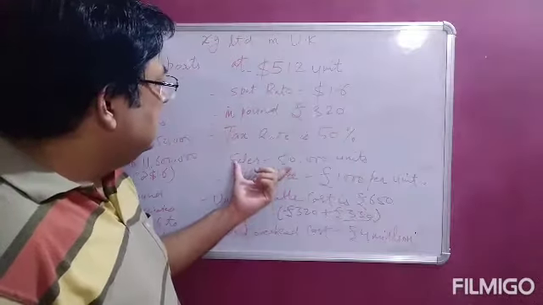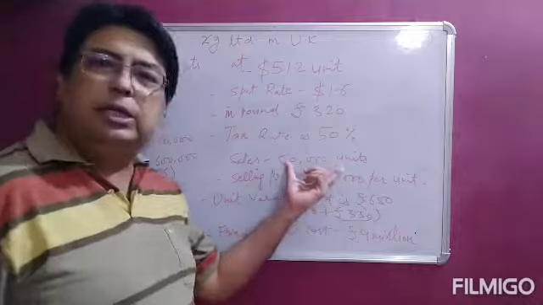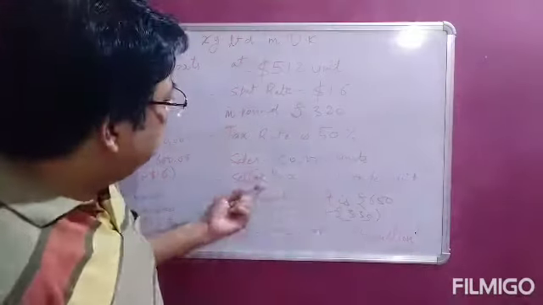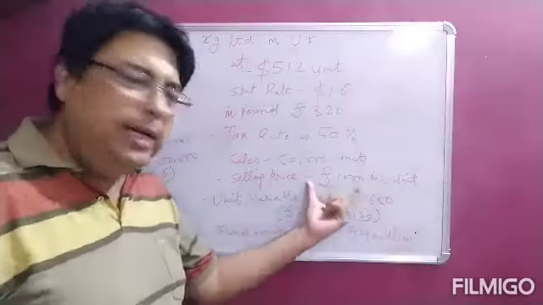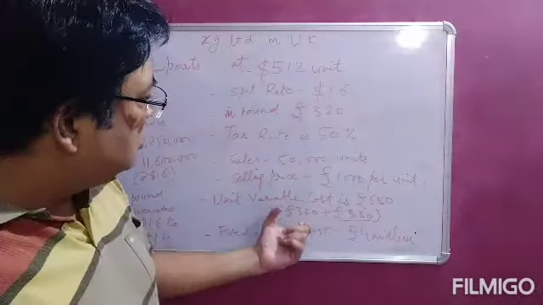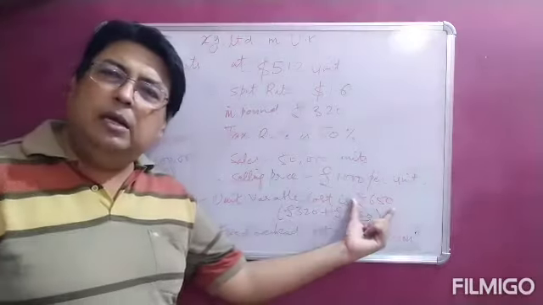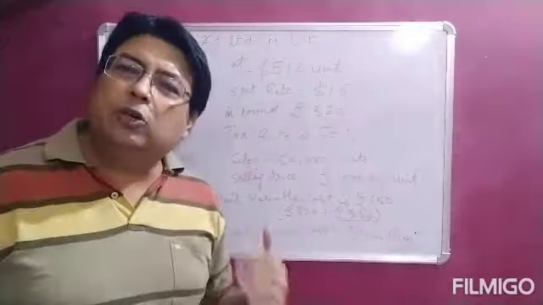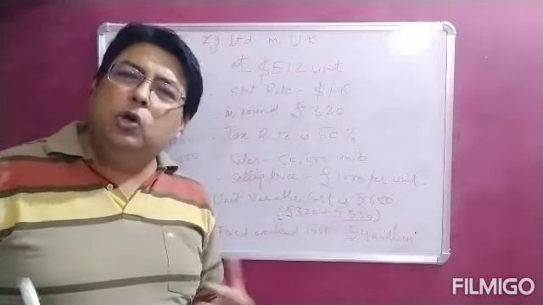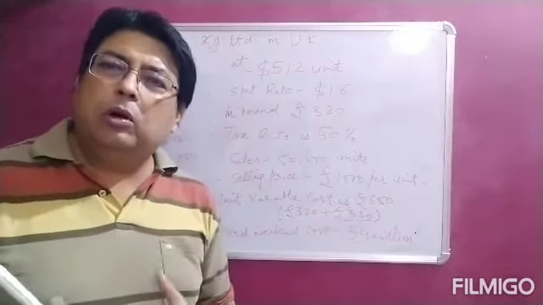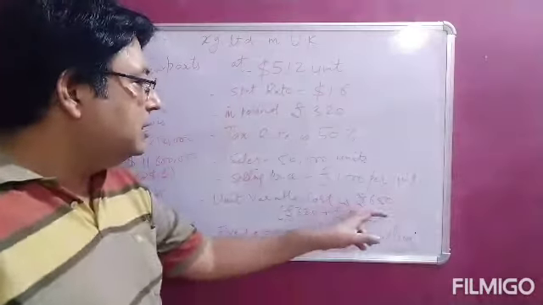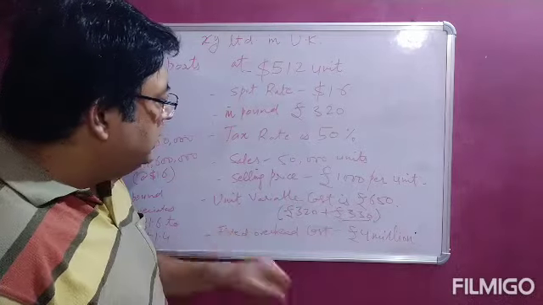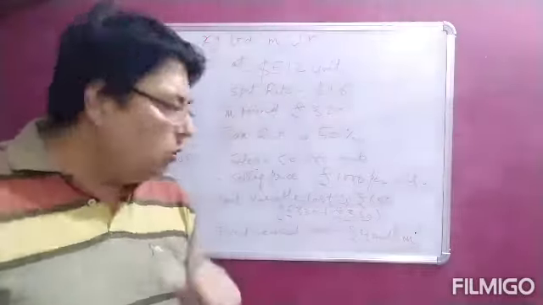Then for sales, we have assumed that 50,000 units are being sold in the British market by the British company, and the selling price is 1,000 pounds per unit. The unit variable cost is 650 pounds, which includes the cost of the imported item, that is the microprocessor, as well as the cost of locally sourced input or component. So this 650 pounds represents 320 pounds for the imported item and 330 for local input.